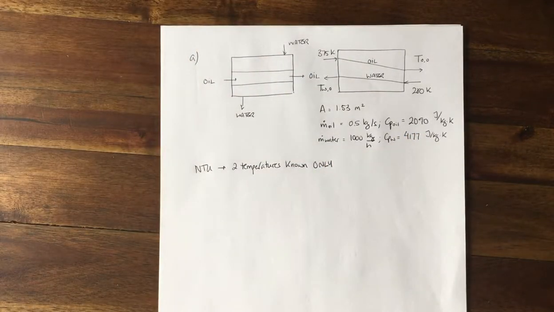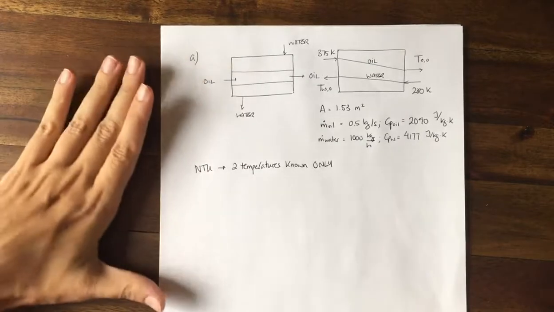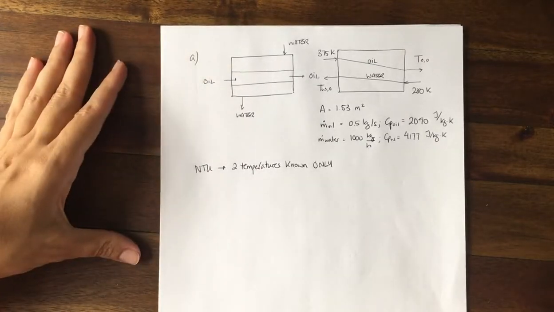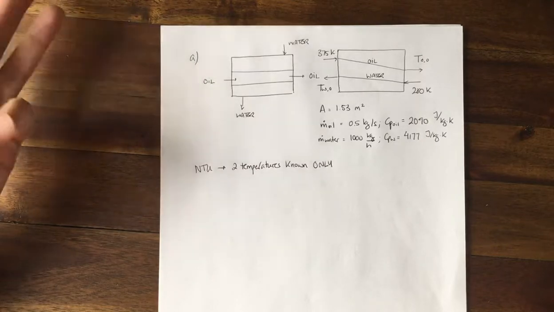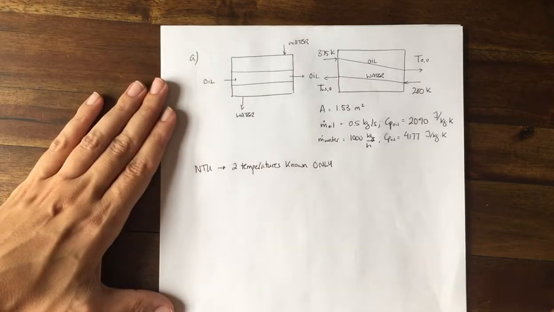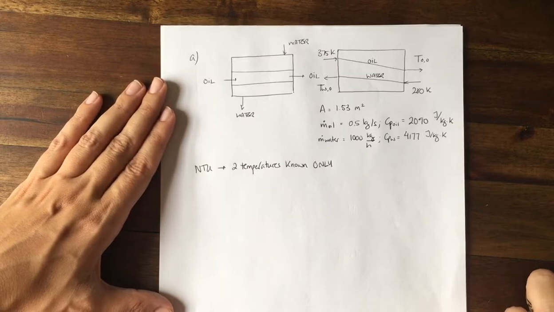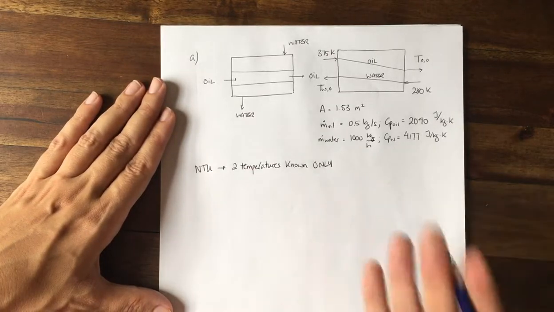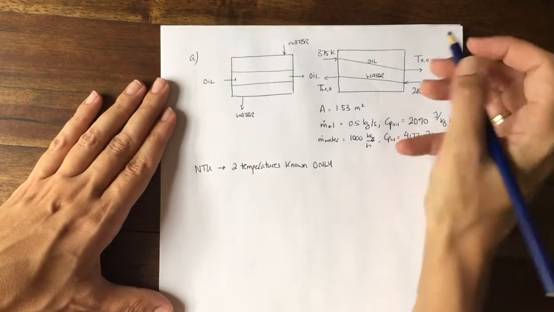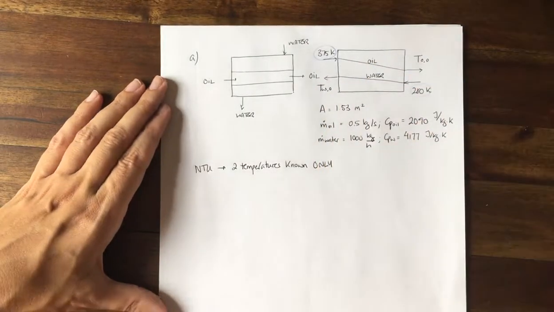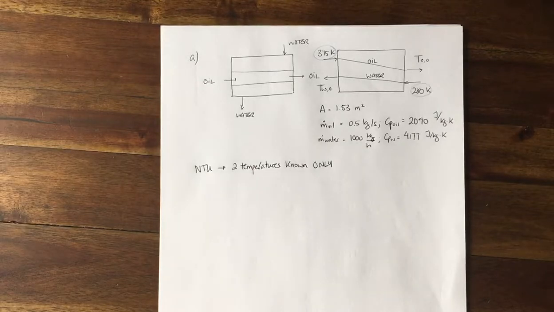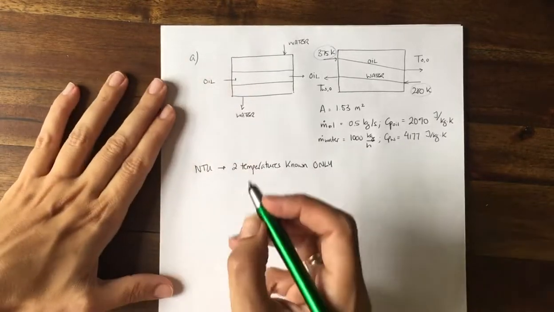In the case of the other methodology, the log mean temperature difference, we normally need to know at least 3 temperatures in order to be able to apply the methodology. So this is easier in this case when we only know 2 out of the 4 temperatures of the heat exchanger. So what's the NTU method?